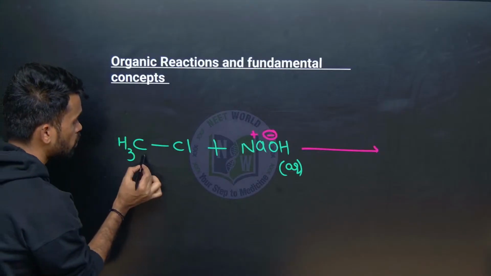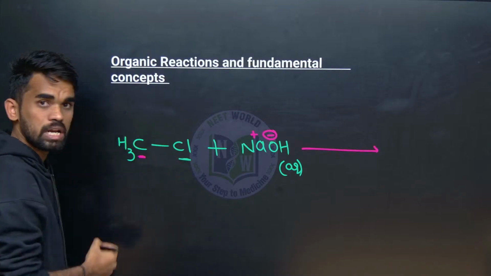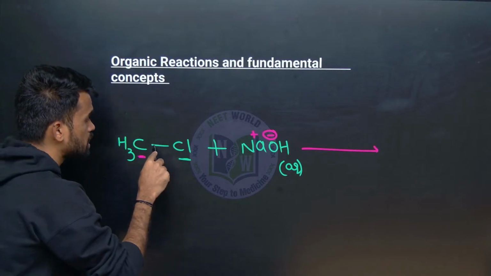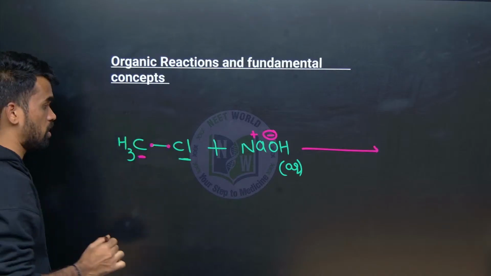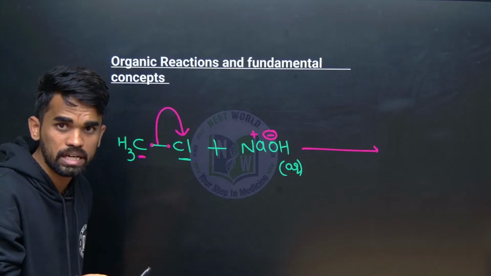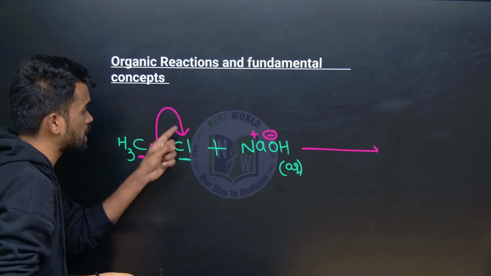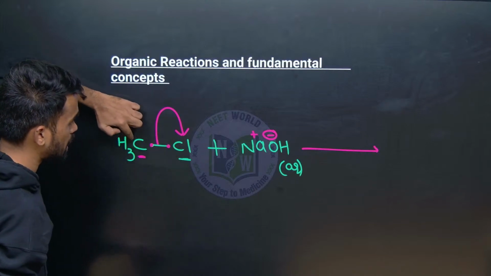See, between carbon and chlorine, which is more electronegative? Yes, chlorine is more electronegative, right? Therefore this sigma bond containing 2 electrons is taken by chlorine, because of its electronegativity. When it takes these bonded electrons towards itself, what charge does it create on this carbon?